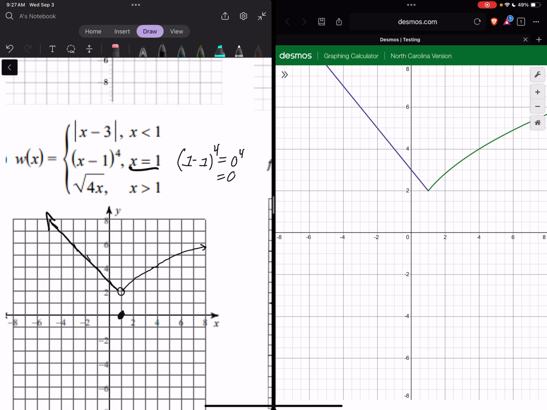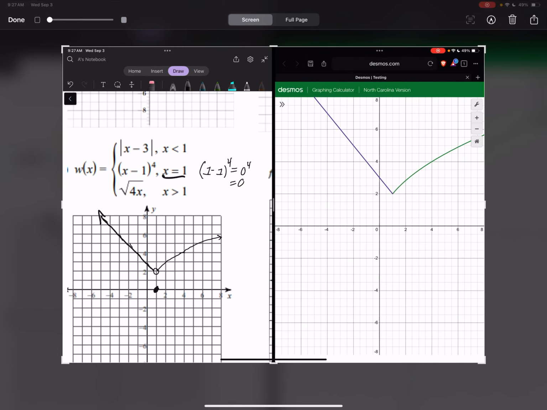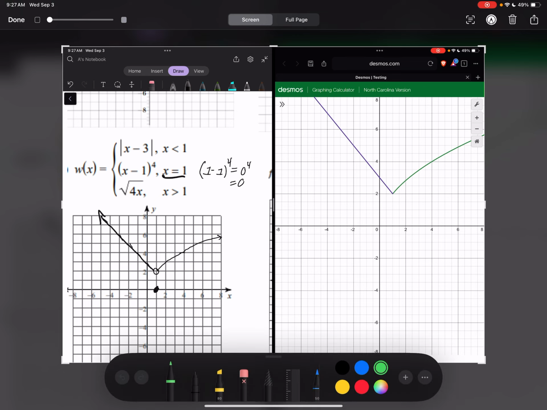Our graph looks good, but there is something wrong with the picture. The something wrong with the picture is this dot at 1, 0. Why is this not showing at 1, 0? The reason it does not show that up, Desmos cannot graph a singular point because it is a one-dimensional object and we can't even graph it realistically.